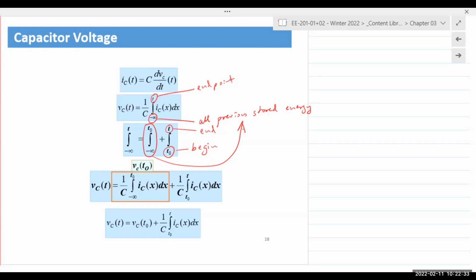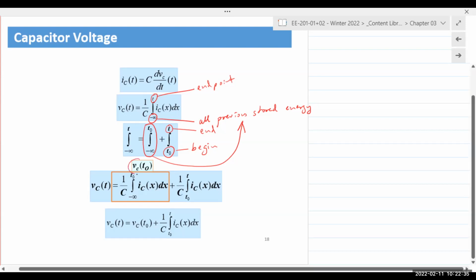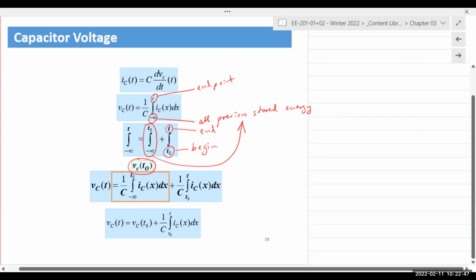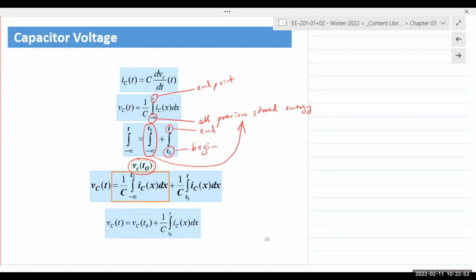And we can reduce that expression and call it VC, capacitor voltage at time T0. It simply accounts for the voltage that is present in that capacitor before we begin our analysis.